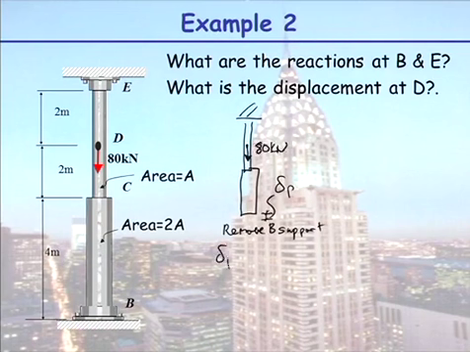So what is delta primary equal to here? PL on AE, 80 times 2 on our area A, we'll just call it EA. So that's removing support B.